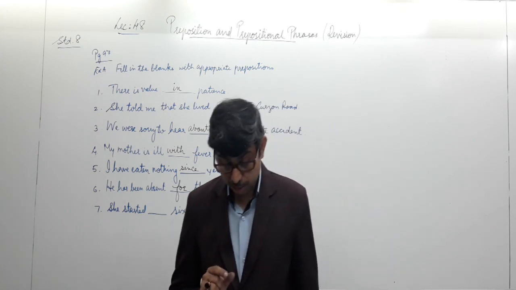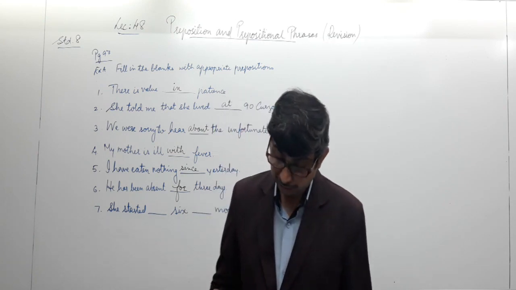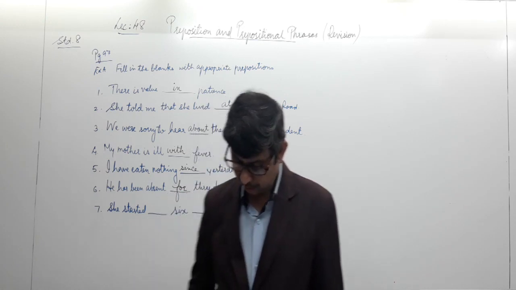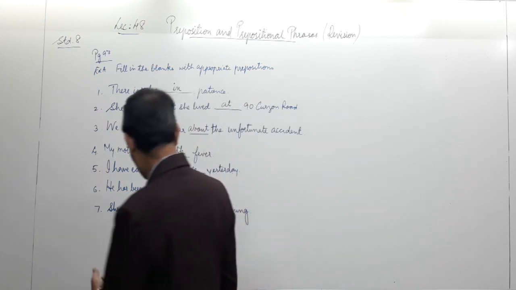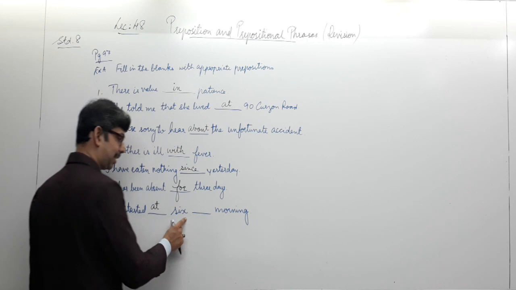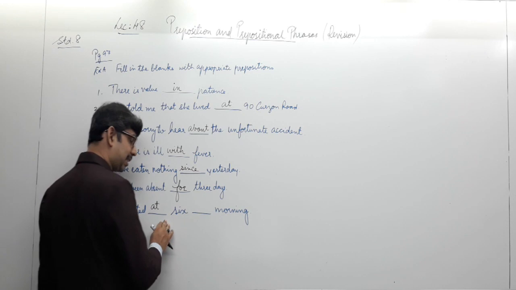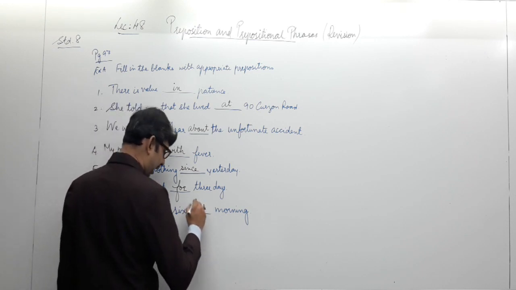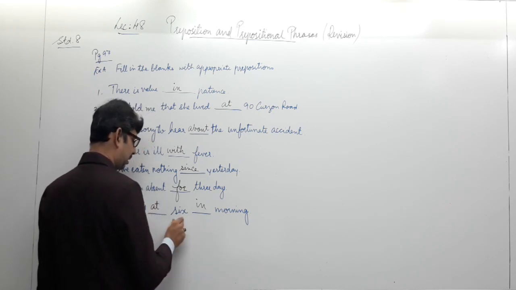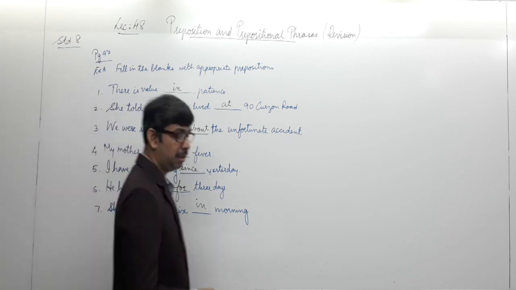We have got the specific place also, and we have got the specific time also. So she started at 6 in the morning. So we'll use the word at and in. At 6 we have got a specific time. When? In the morning time. So at 6, 6 could be in the evening also. So in morning, morning refers to a duration of time and 6 refers to a specific point of time. And we are using she started at 6 in morning.